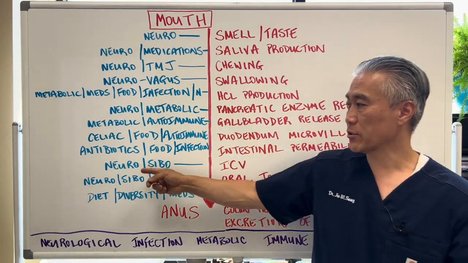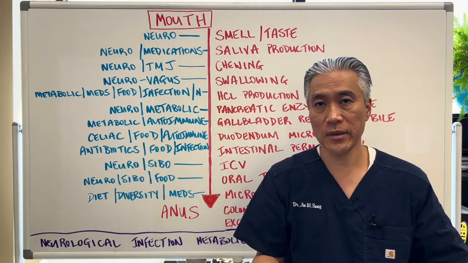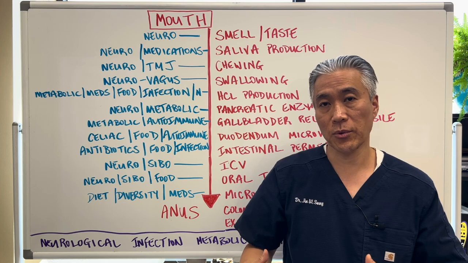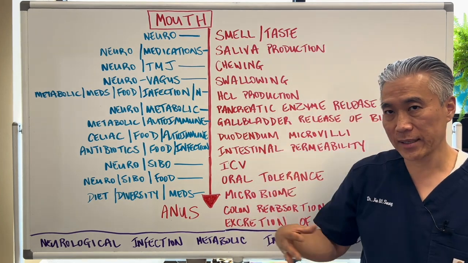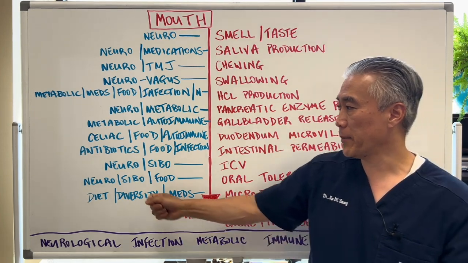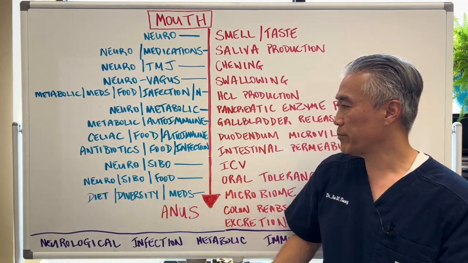Ileocecal valve can be neurologic. Oftentimes when people have a concussion, they can develop SIBO, or small intestinal bacterial overgrowth. So the signaling from the brain to these areas can be impacted. So neurologically it can be impacted, and SIBO.